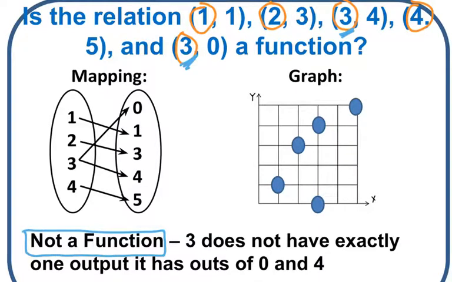If I'm looking at a mapping, we'll notice that when it's 3, it's got 2 arrows here. Remember, we don't care about the y side. We only care about the x, the input. So because I have 2 arrows here, it's not a function. And you'll notice by looking at the graph, I have 2 coordinates that lie on an x line right here. So therefore, it's not a function.